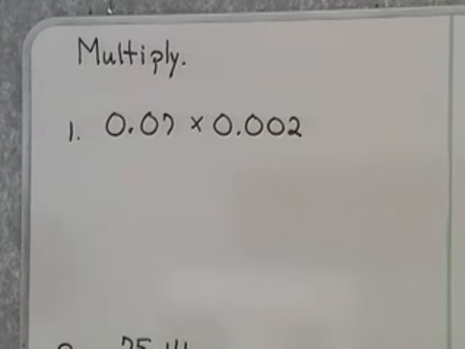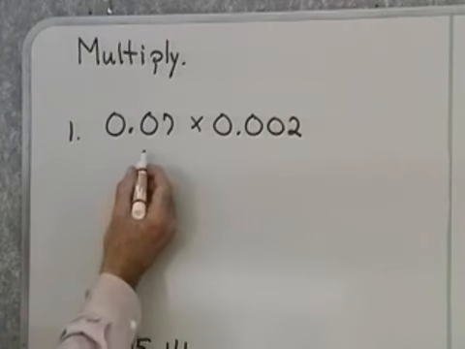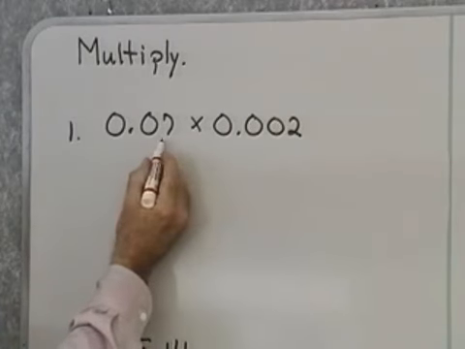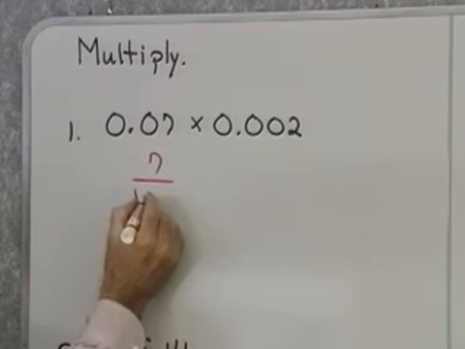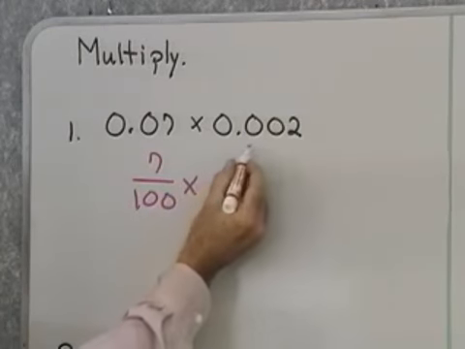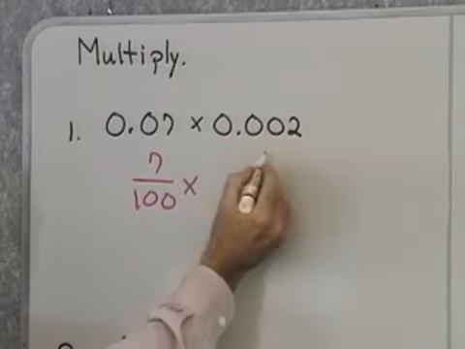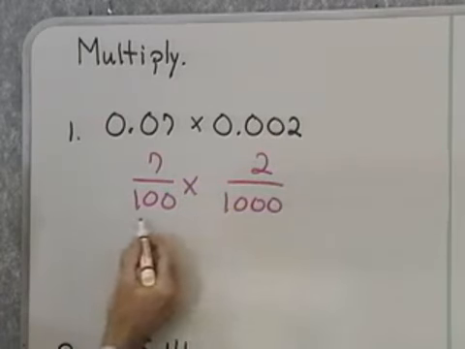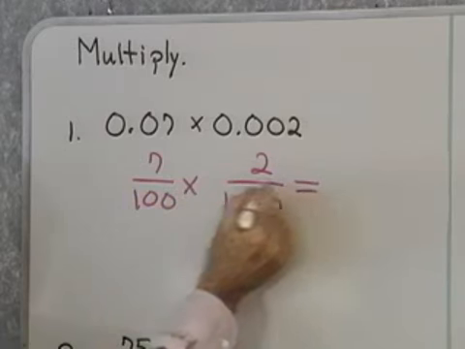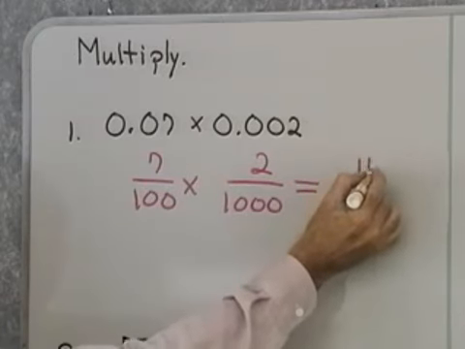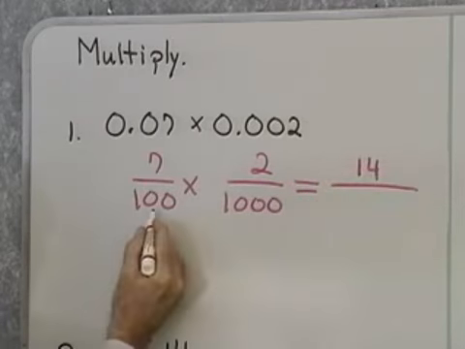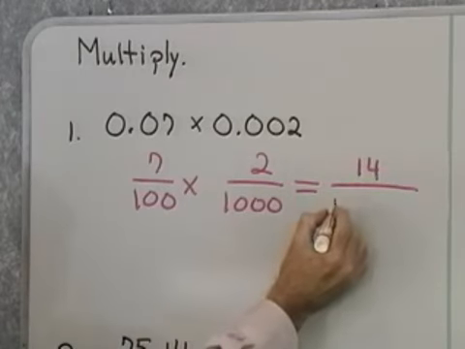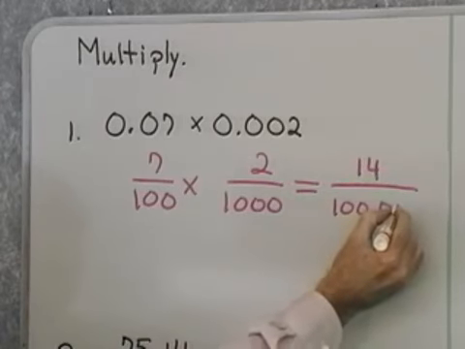Let's do this multiplication again by changing to fractions, just so we can see exactly how this works. This is 7 over 100 times, this is 2 tenths, hundredths, thousandths, so 2 over 1,000. Now if I multiply these two numbers, I get 2 times 7, which is 14, and then 100 times 1,000 is 100,000.